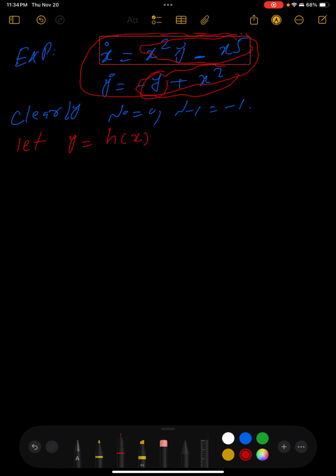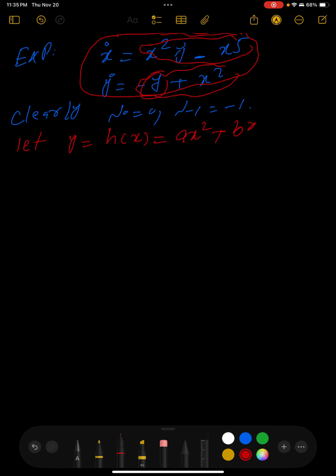Because if we see the equation y dot, we have a clear clue that the linear part of y is minus 1, which is stable. So the variable which is stable, we define as h of x, a function of x.